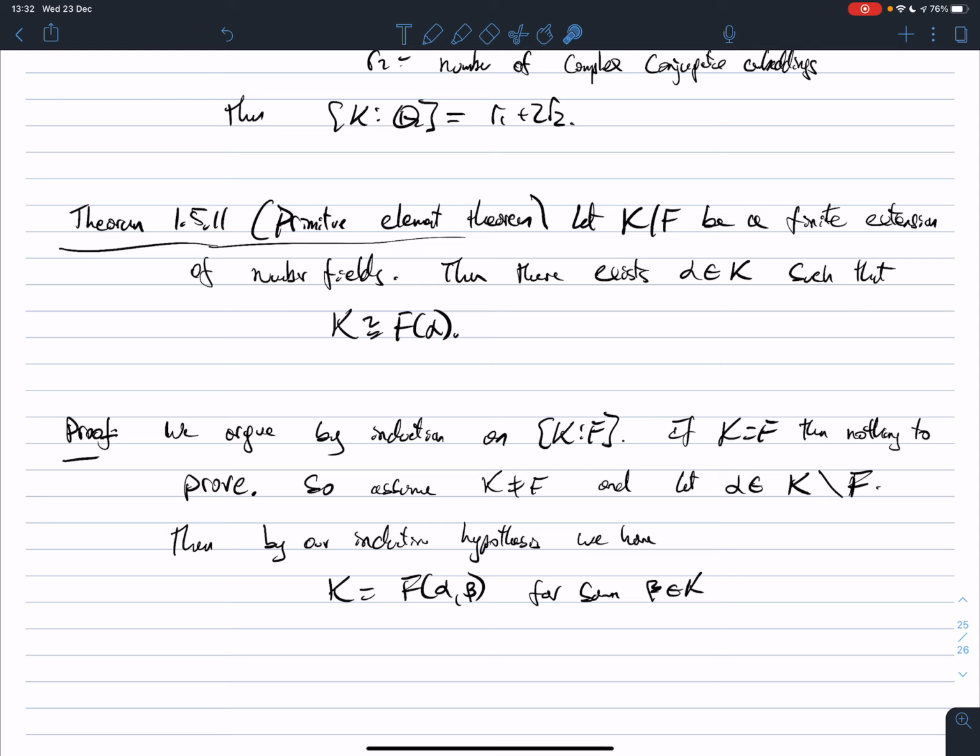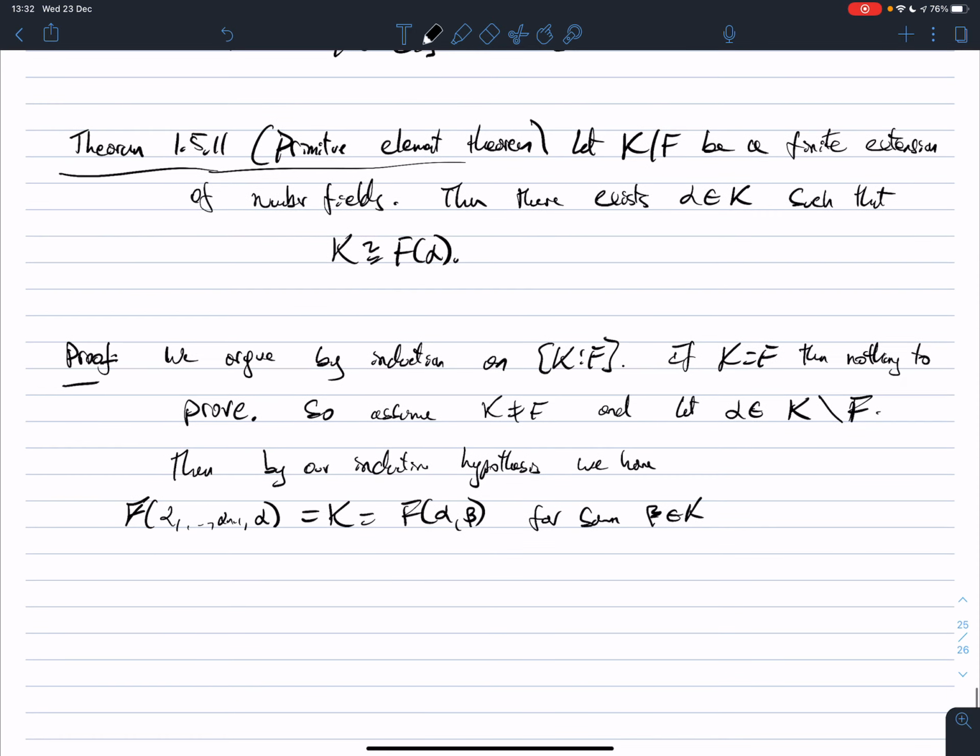K looks like F of alpha 1 through alpha n minus 1, adjoin alpha.